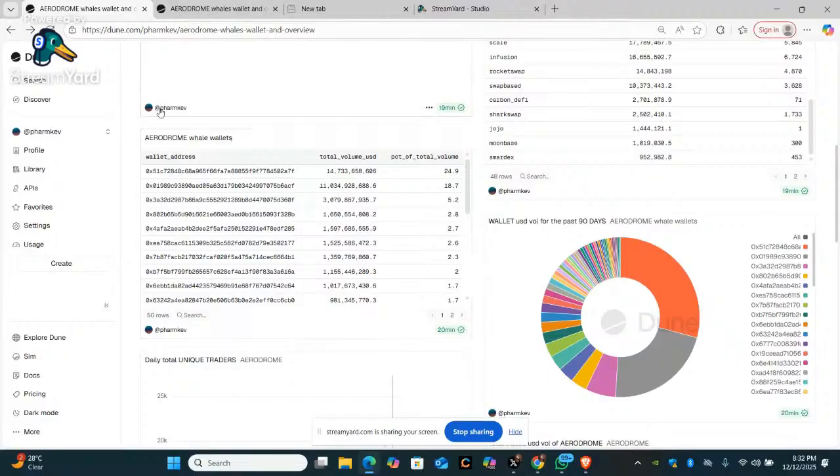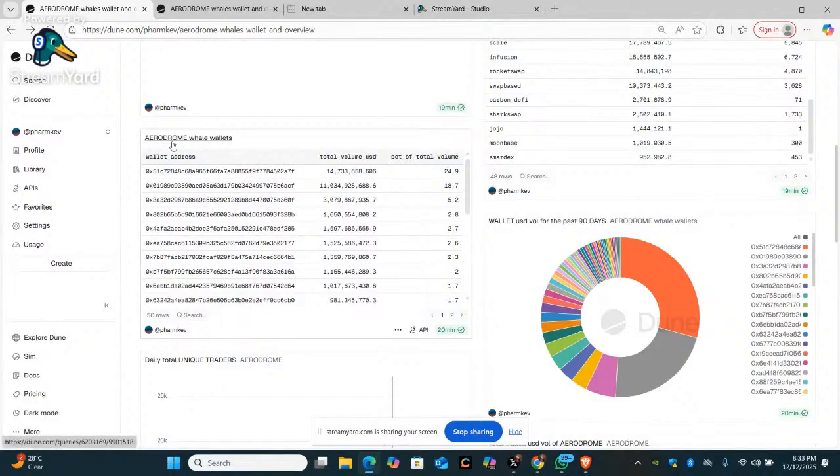So on Aerodrome, we can see that this first wallet here has given over 14 billion. This second one has given over 11 billion. This shows that these are the leaders or the controllers of this protocol.